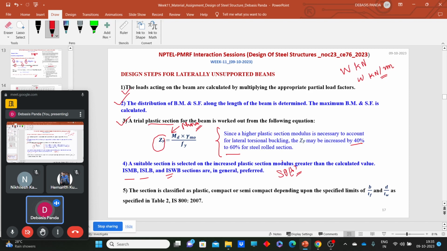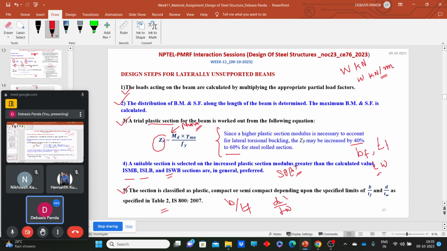Now, once we have all the specifications like what the BF value, the TF value, and the TW value should be, then we can identify whether the section is plastic, compact, or semi-compact. How? We go to Table 2 and look at the values of B by TF and D by TW.